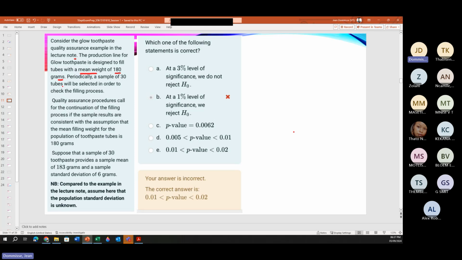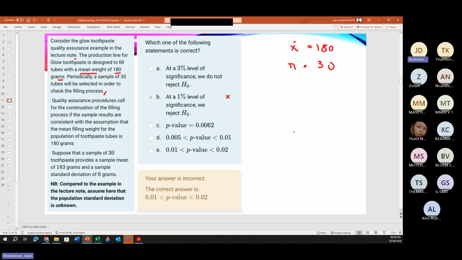Periodically, a sample of 50 tubes will be selected in order to check the filling process. Okay, so we've got a mean weight of 180. We've got a sample of 50.